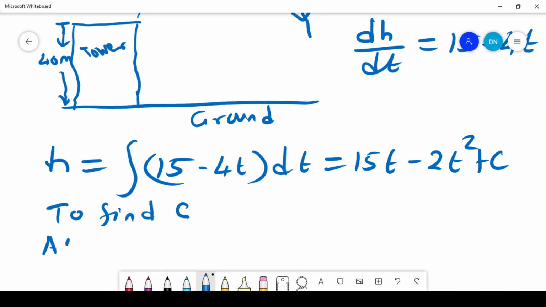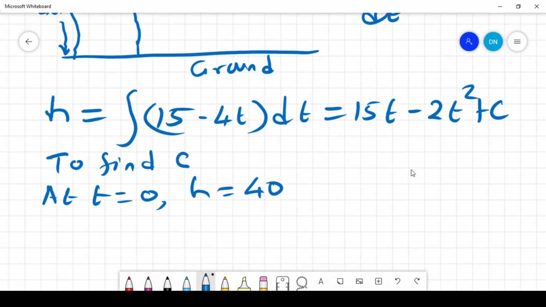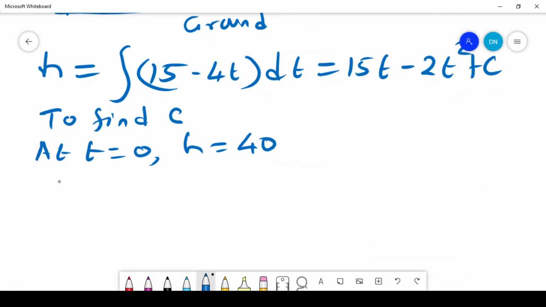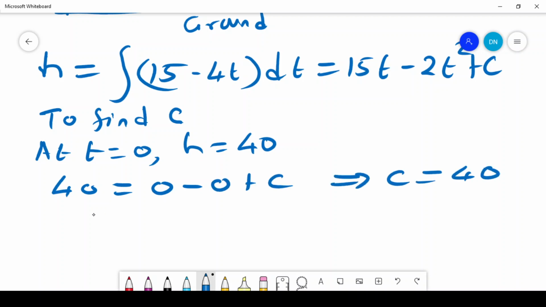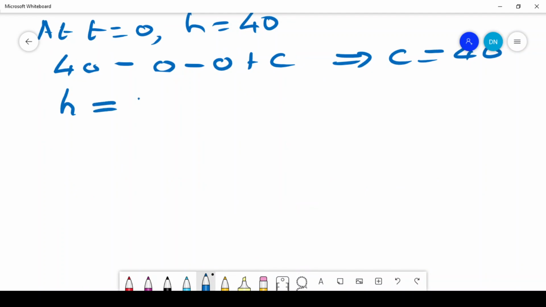We know that at time 0, before the stone was thrown, h was 40, because it was on the top of the tower. So using that information, we want to substitute and find c. So 40 is equal to 0 minus 0 plus c. And that tells us that c is 40. So h will be equal to 15t minus 2t squared plus 40.